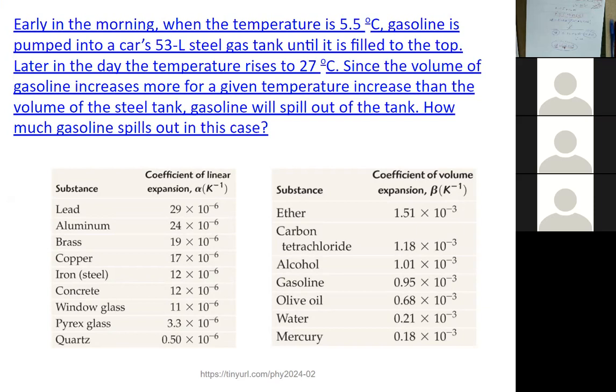Later in the day, the temperature rises to 27 degrees Celsius. The volume of gasoline increases more for a given temperature increase than the volume of the steel tank. It's asking you how much gas will spill out of the tank.